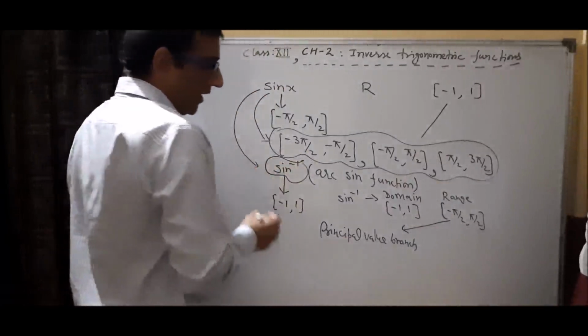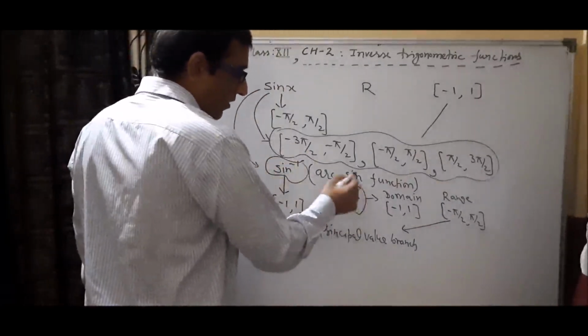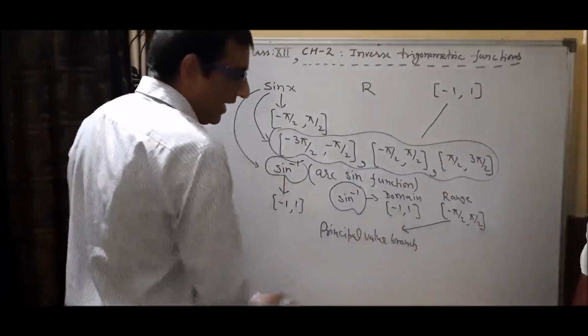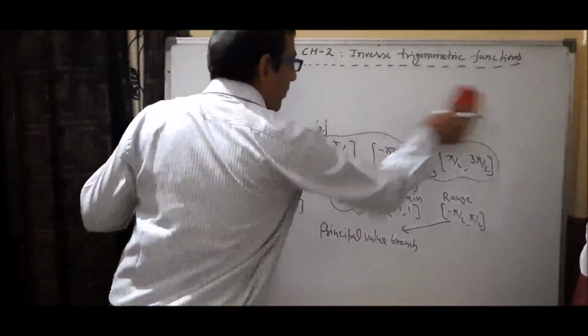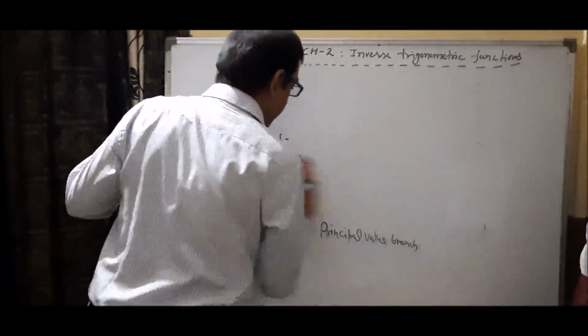It means for sine inverse, domain is -1 to 1 and range is -π/2 to π/2, which is also known as principal value branch.